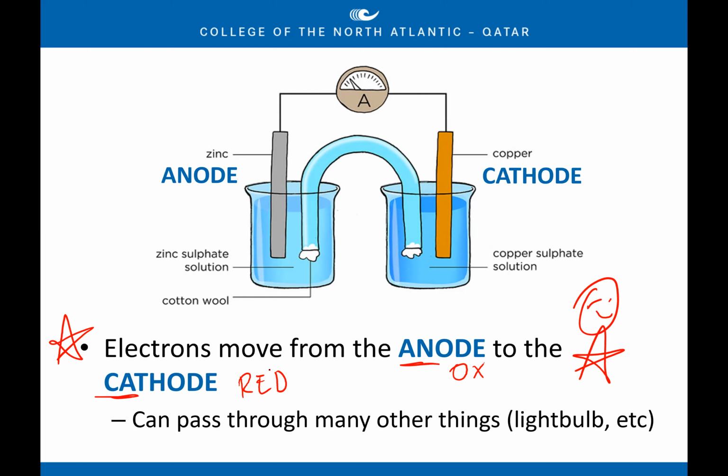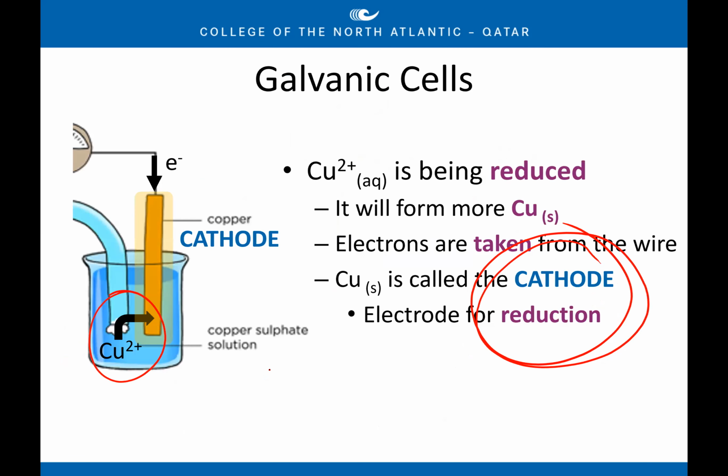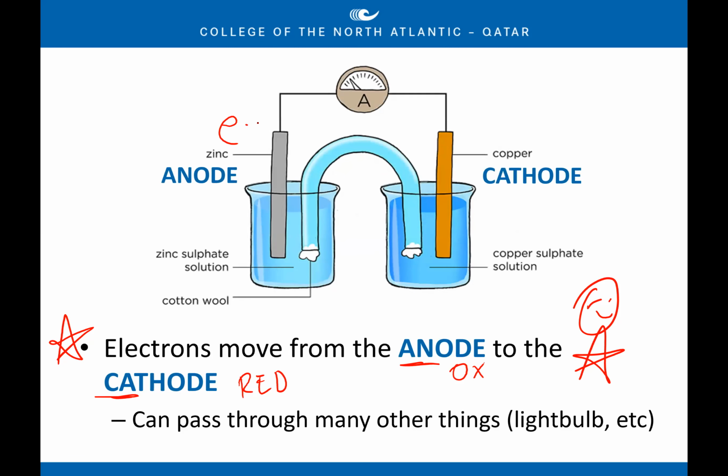Again, the anode oxidizes, it's losing the electrons. They go through the wire over to the cathode, which gains them. So electrons always flow this way. Sorry, the Zoom screen is in the way, but electrons always go from anode to cathode, always.